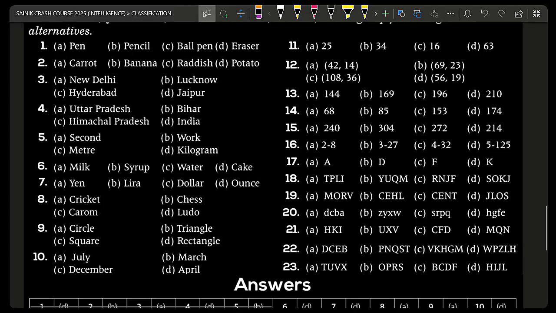So which one is wrong here? Which option is wrong? C. So what is the reason you will write? Except option C, in the remaining options, the second number is the perfect cube of the first one. That you can write, right? Yes, sir. Okay, very good.